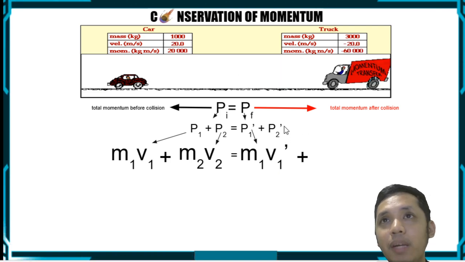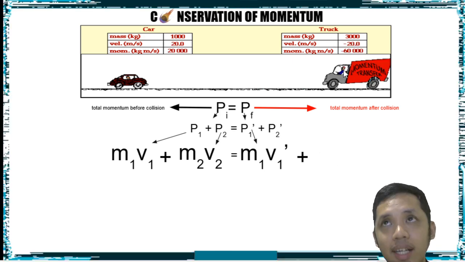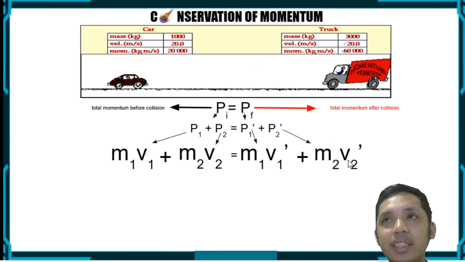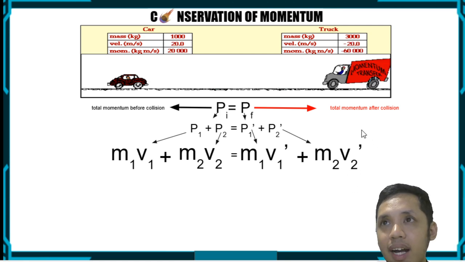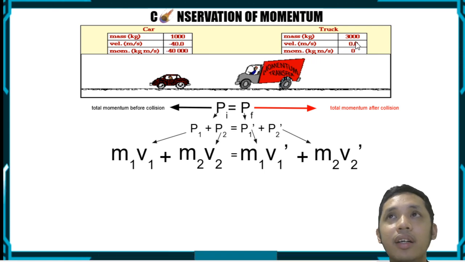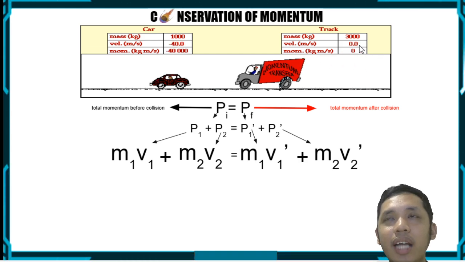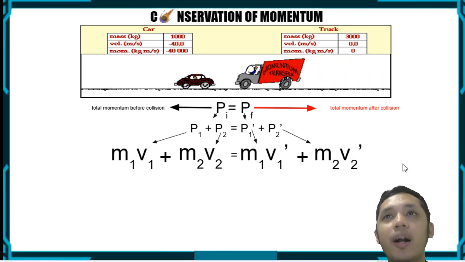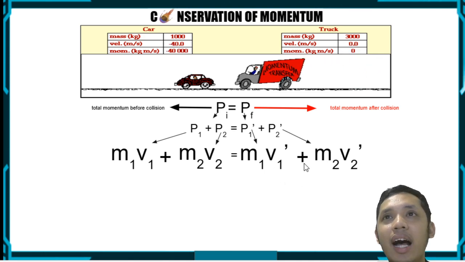And then for P sub 2 change, its subcomponents will be the mass of the second car after the collision, and then the velocity of the second car after the collision. So, initially, the velocity of the second car is negative 20, then eventually after the collision, it becomes 0. If you look at these variables, what change only are the velocities of each vehicle.